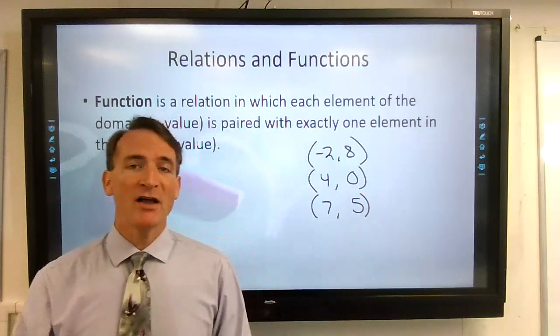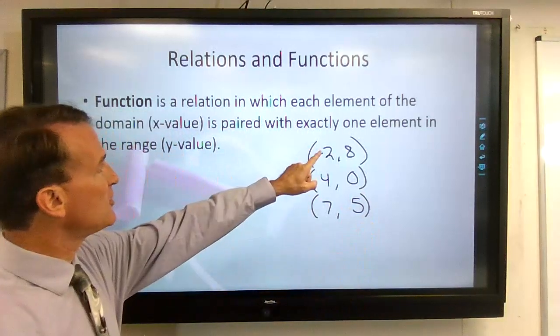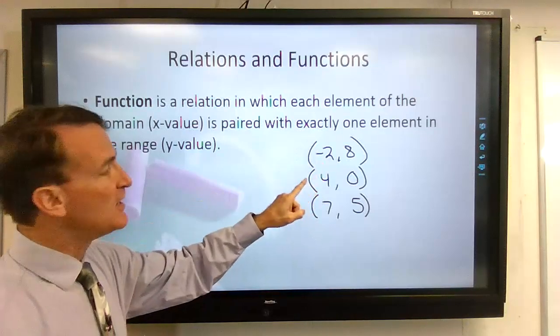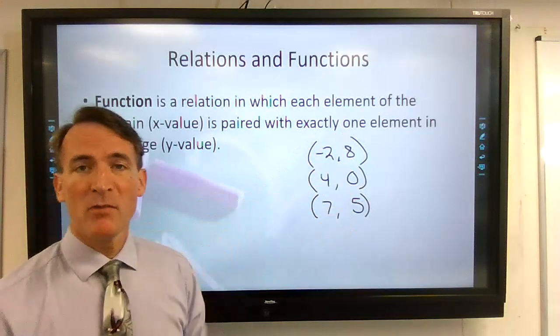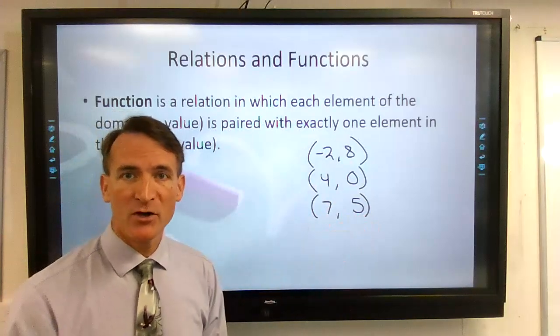That is a possible function. The reason is because each value in my domain, my x values, is paired with one value in my y. So this would be an example of a possible function.